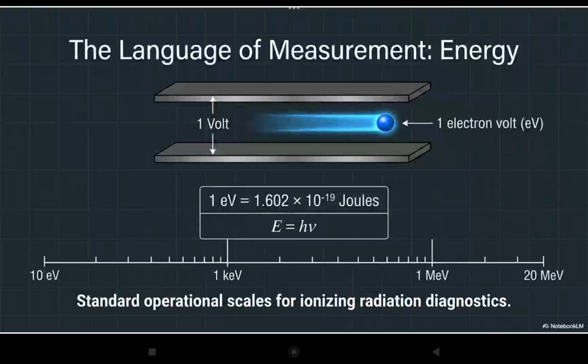In radiation work, it helps to keep the scale in mind: eV for atomic interactions, keV for diagnostic X-rays, and MeV for nuclear processes. That energy ladder is one of the most important mental models in nuclear medicine and radiation physics.